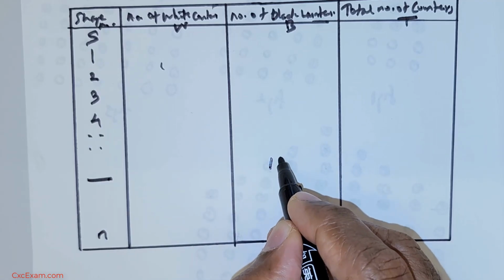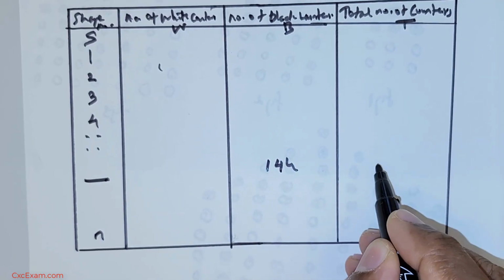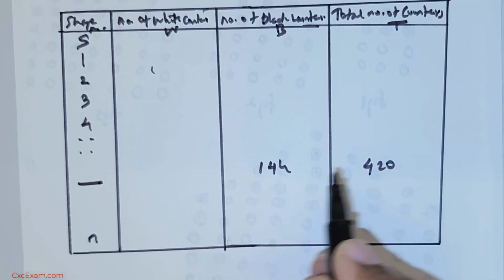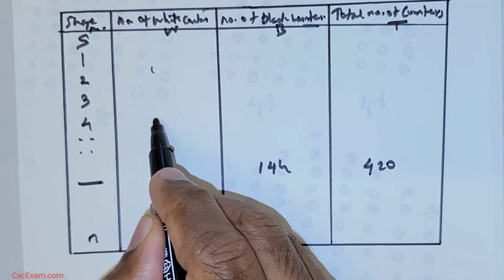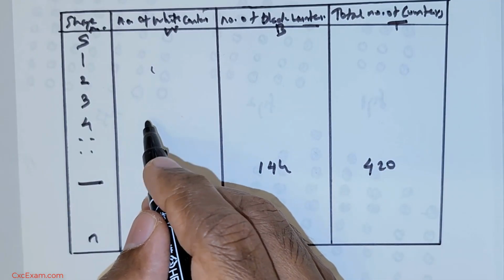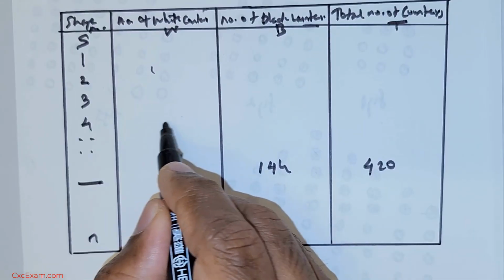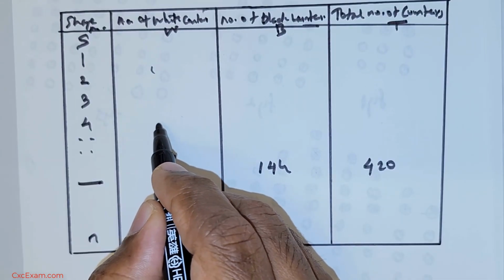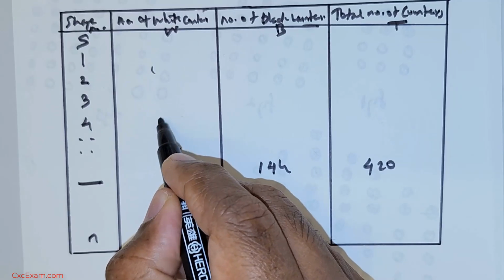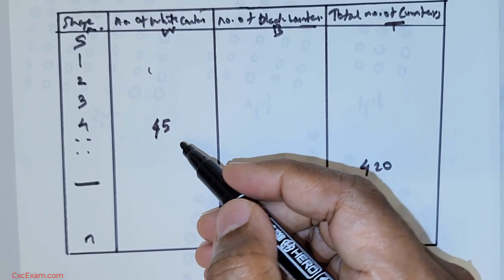Now over here this is given as 144, 420, and this one can be found out. In fact, they have given this up.